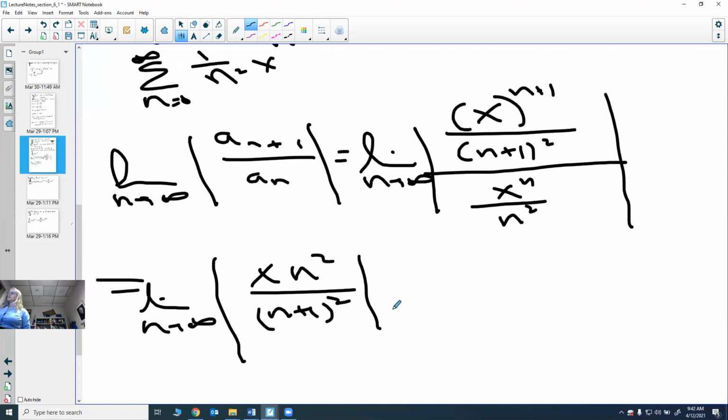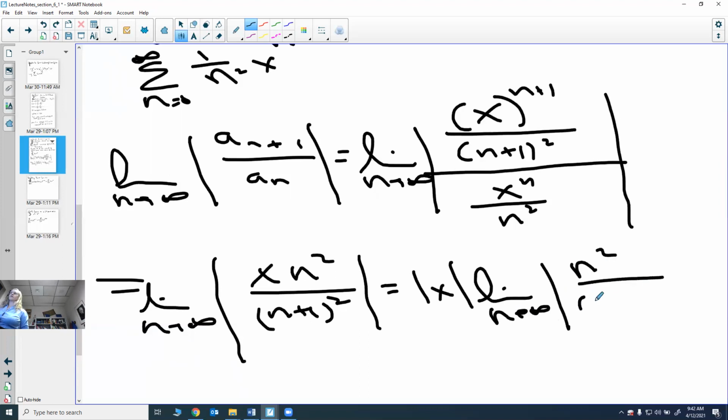All right, and so now we have to figure out what this is. Looking at this, the x is not involved in this limit, so we can pull the x out. It is the absolute value still, so we'll pull the absolute value of x out. Limit as n goes to infinity of n squared over n plus 1 squared. We want to find out what that is.